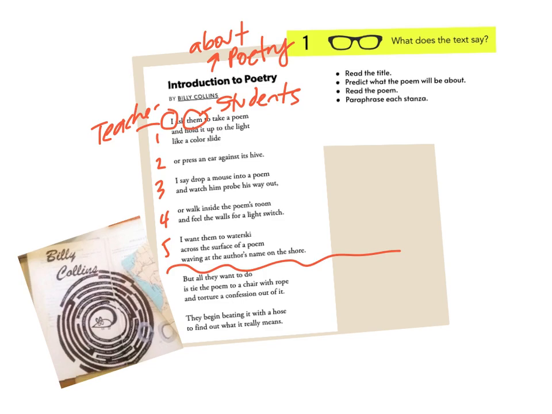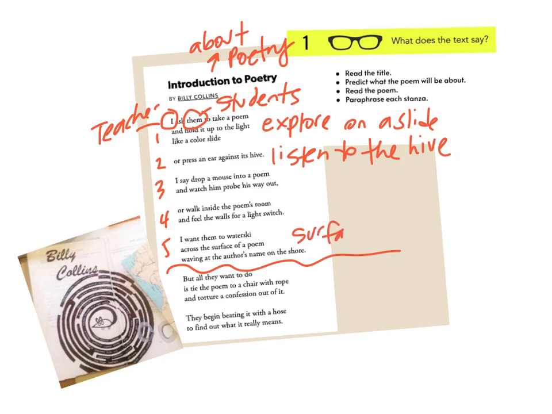So he wants to explore like on a slide and listen to the poem, the hive, listen to the buzz of the hive, and the hive is going to represent the poem. Explore the poem as if you're a mouse, go inside the poem's room, look at the surface of the poem, so surface, all of these things.